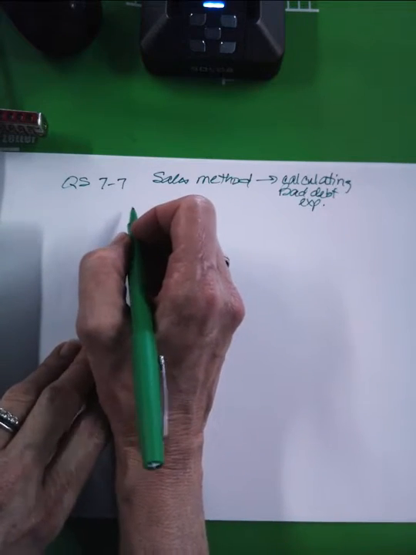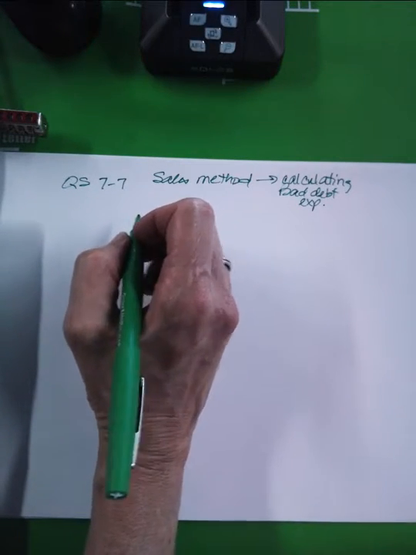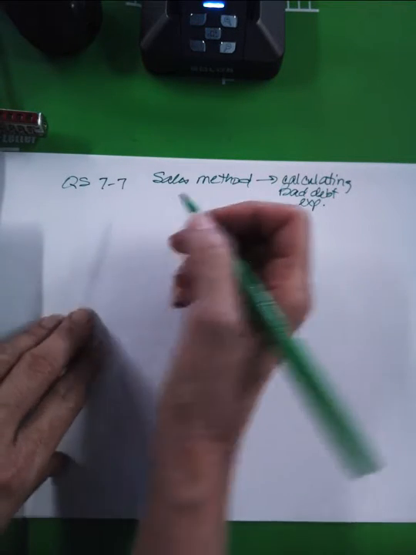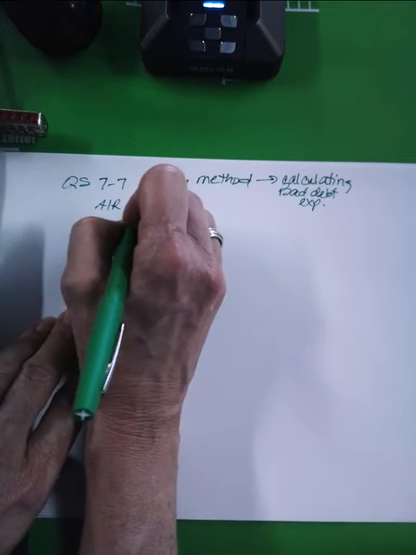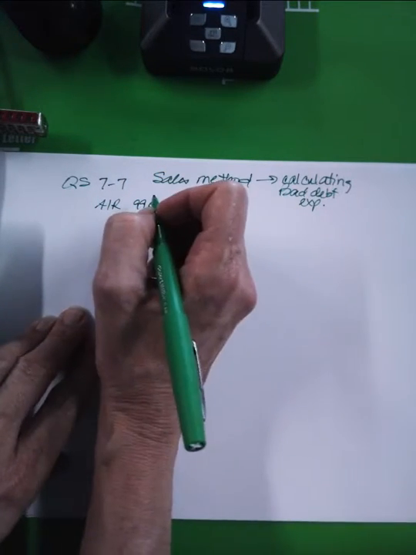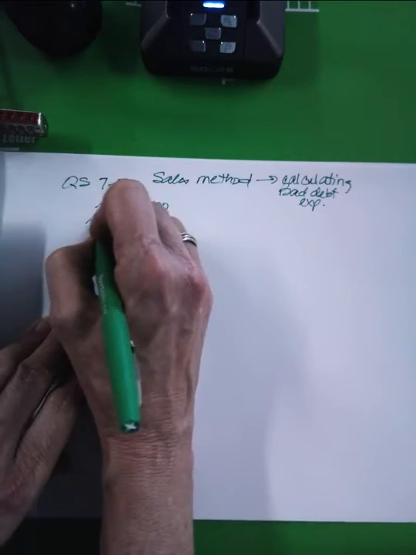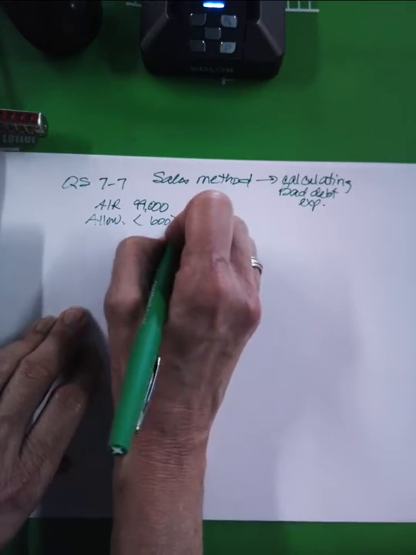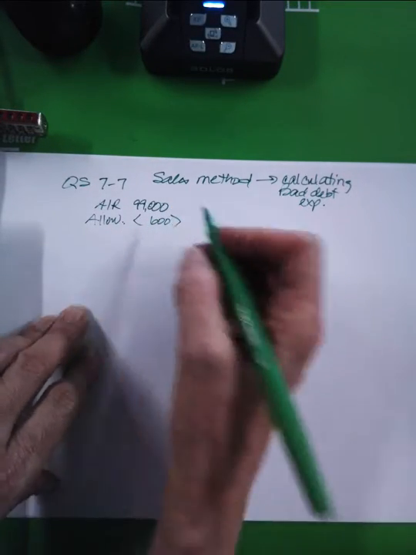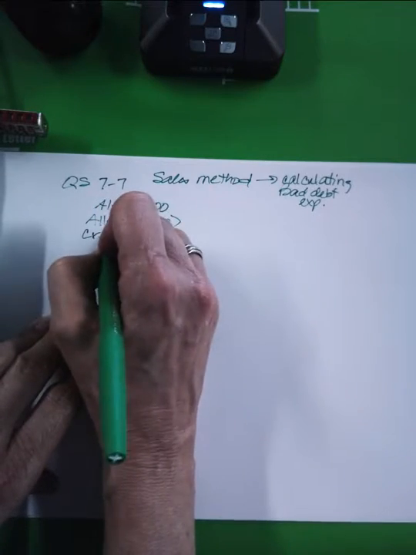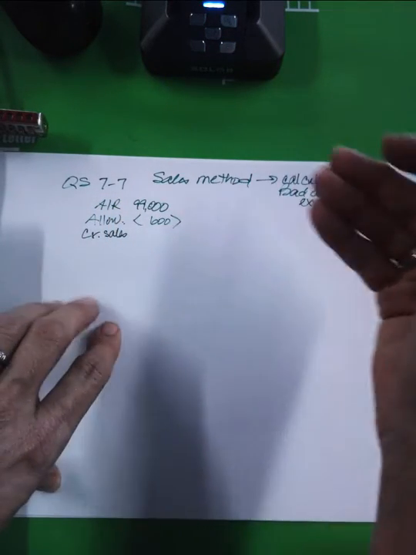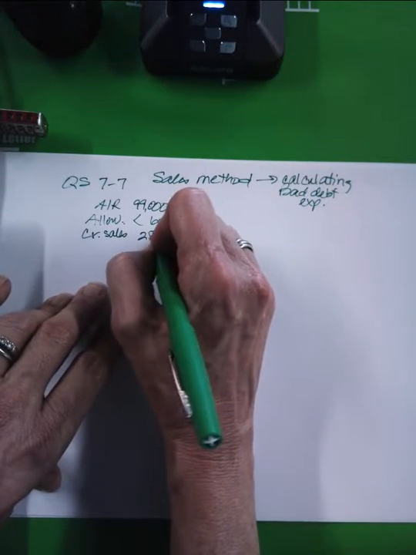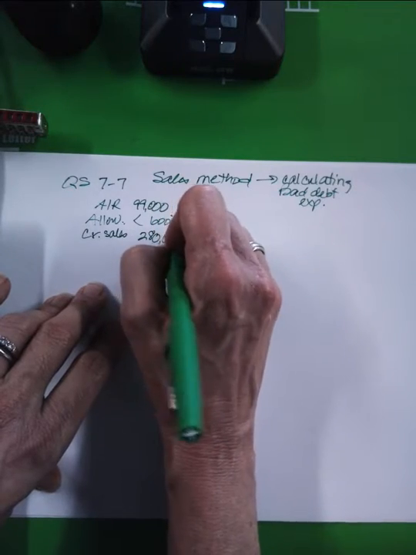Okay, so problem 7-7 says that Warner Company's year-end unadjusted trial balance shows accounts receivable of $99,000. It shows an allowance for doubtful accounts, just like in the previous problem, of $600 credit, and we have credit sales, meaning sales where we billed people and they didn't come in and pay cash, of $280,000.